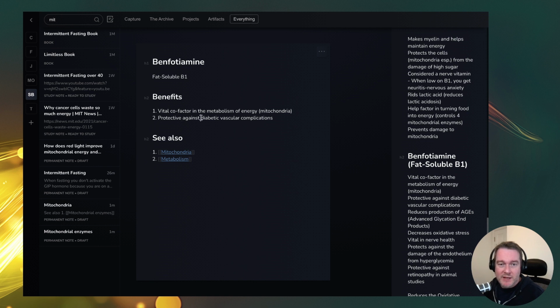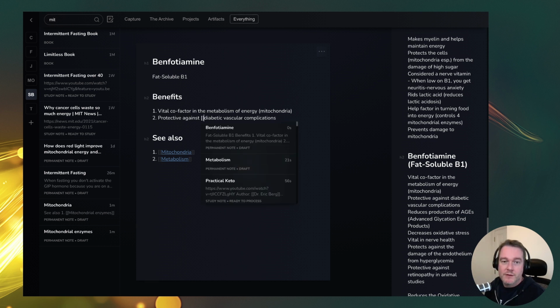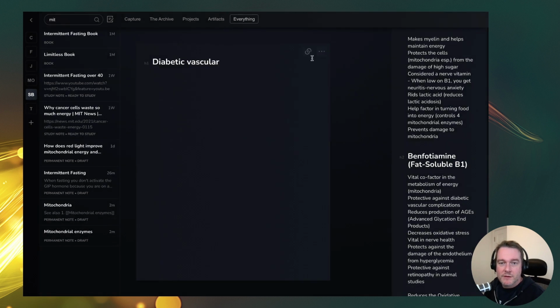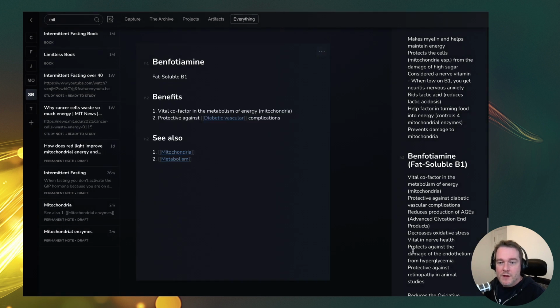So protective layer against diabetic vascular complications. So let's put that. Reduces the production of advanced glycation end products.